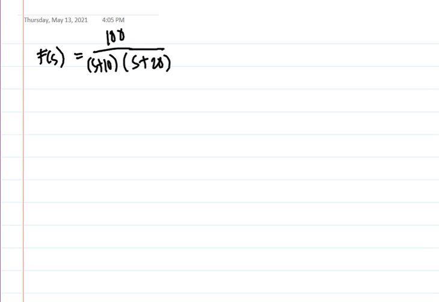Based on the knowledge of Laplace transform, since we have two functions in the denominator, we will have to decompose it. So we have s plus 10, we have s plus 20. Next, since this is linear, the numerators are just constants. So we have A and we have B here.